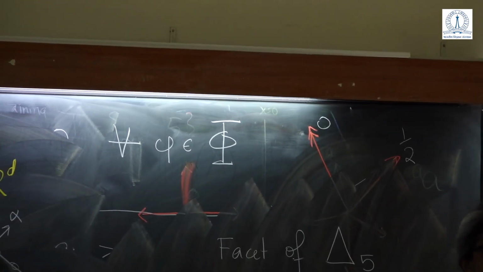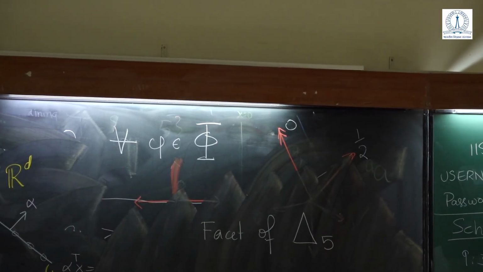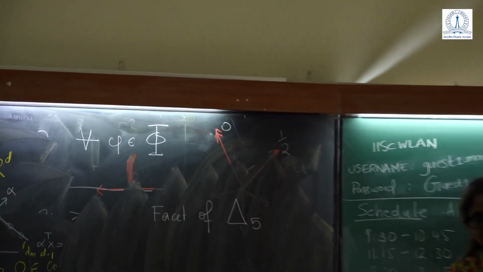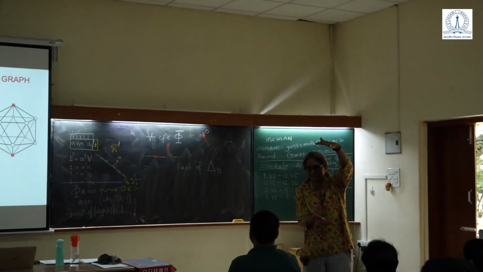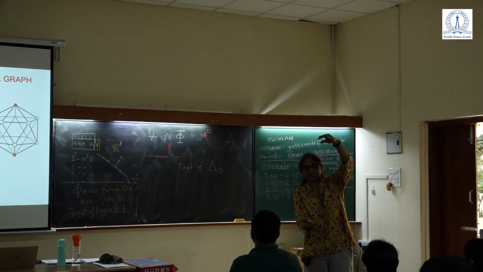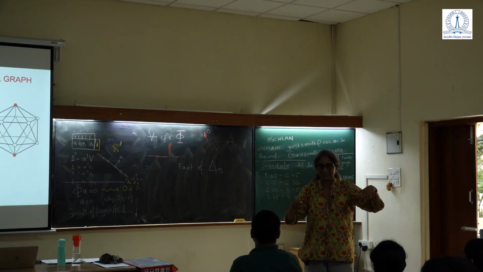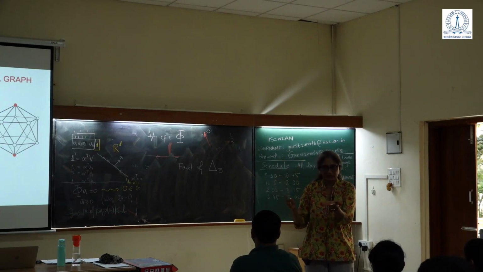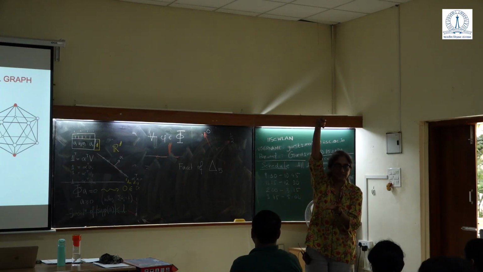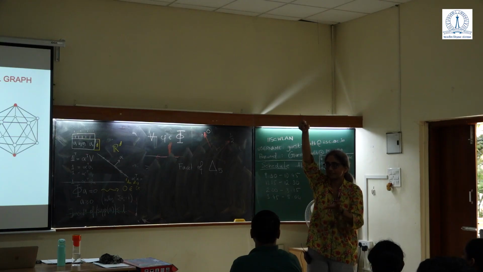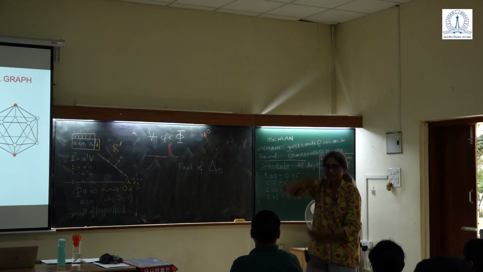So the simplex has 6 vertices. So how many vertices on a facet? Think tetrahedron. A tetrahedron has 4 vertices in 3 dimensions. On a facet we will have 3 and 1 will be left out, right? In a simplex always one guy is left out.